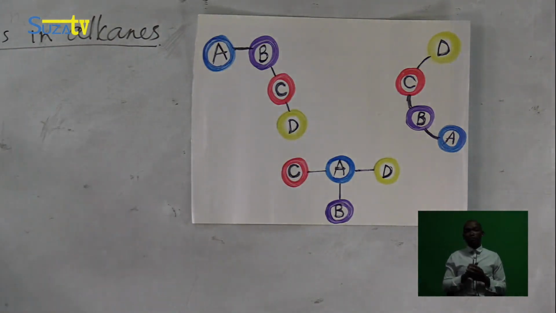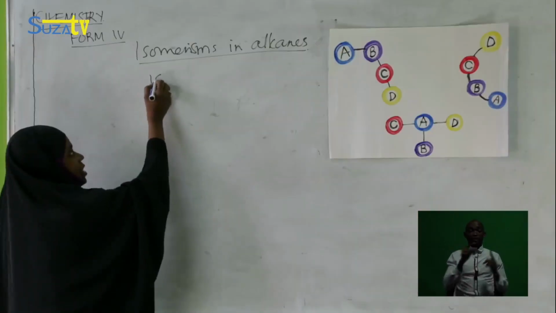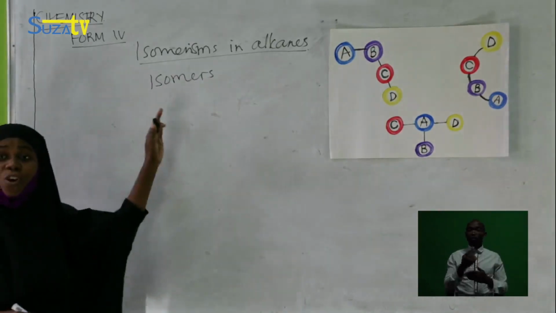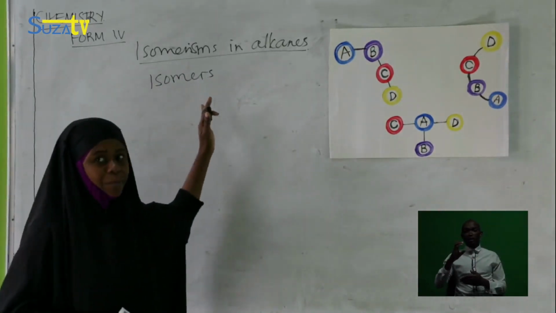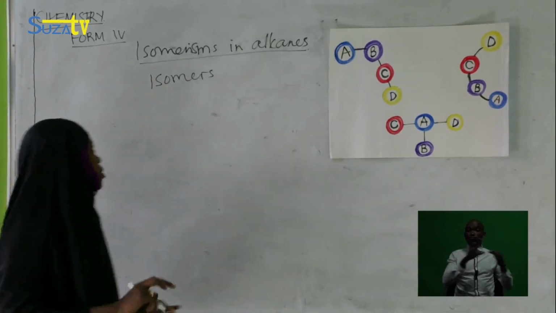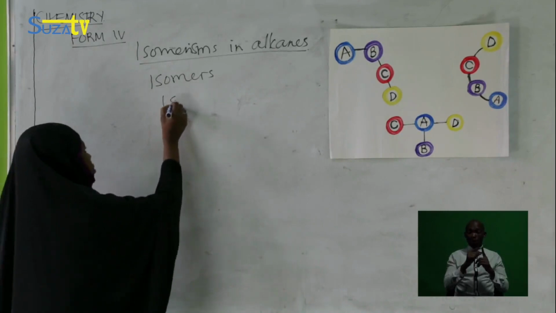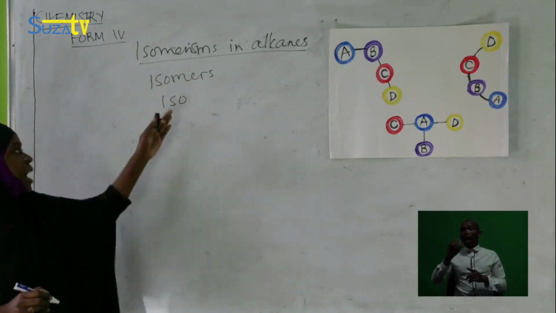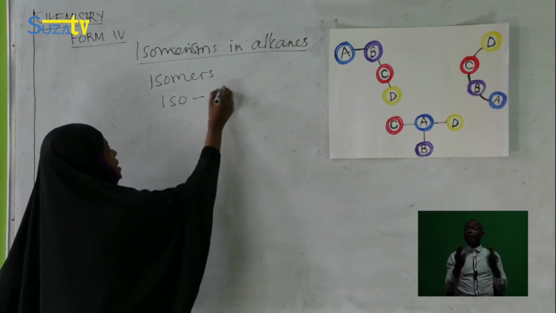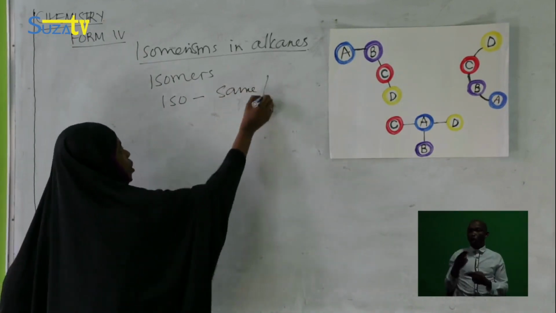What is meant by isomers? This word isomers is from a Greek term and composed of 2 words. The word iso from the Greek means same or equal.